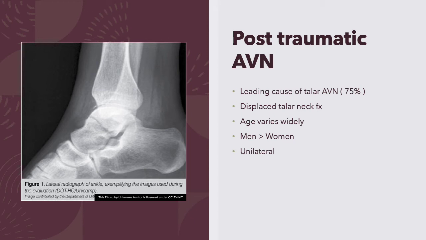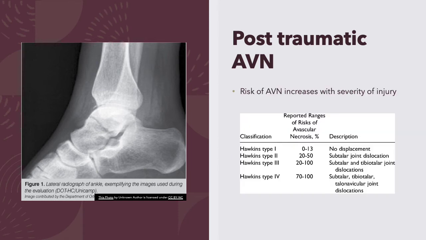Men are more commonly affected by this than women, and this is typically seen unilaterally. The risk of avascular necrosis, of course, increases with the severity of injury. We're all familiar with the Hawkins classifications and the reported incidences of avascular necrosis as the injury becomes more expansive and involves the subtalar joint, ankle joint, and the talonavicular joint.